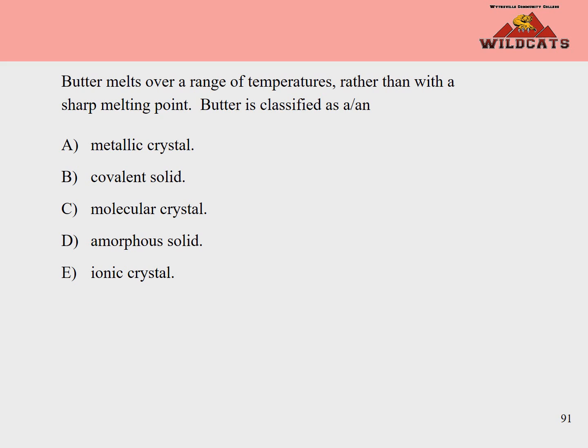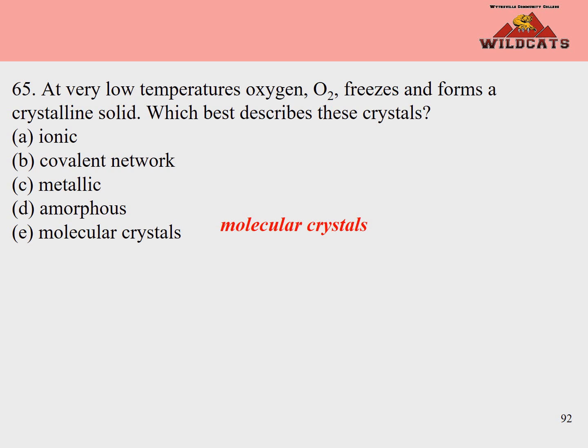Okay. Butter melts over a range of temperatures, so it's an amorphous solid. So at very low temperatures, oxygen freezes and forms a crystalline solid. This is what they think happened to Apollo 13 when they went to stir the oxygen tanks and it ruptured.